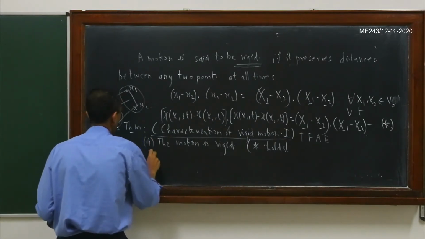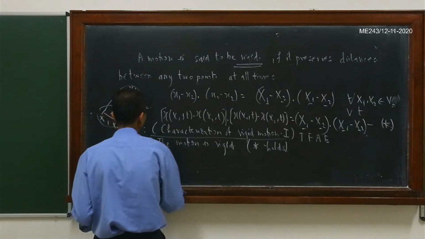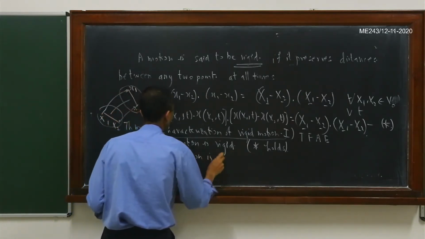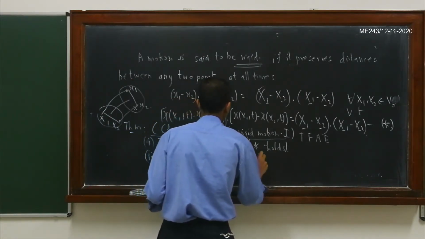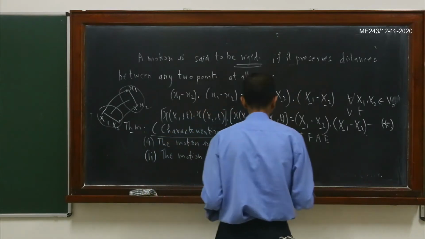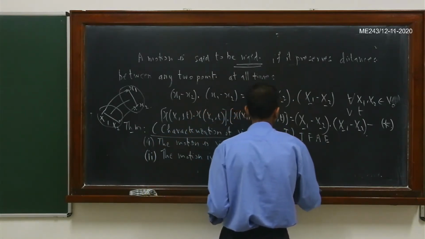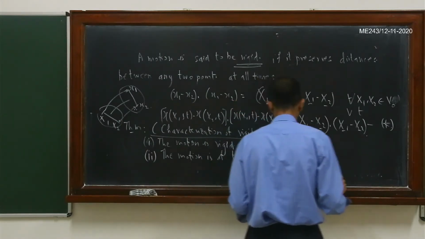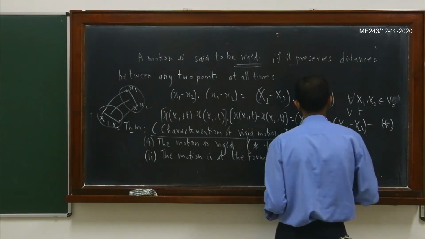Then this, let me write this as 2, is that the motion is of the form chi of X comma t is Q of t times capital X plus c of t.